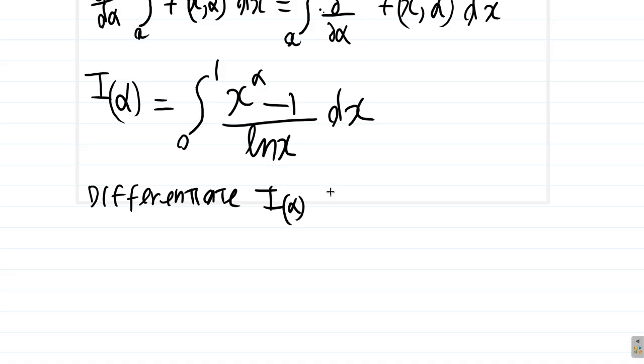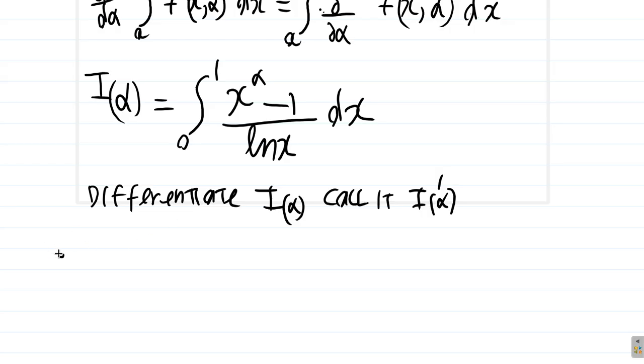Now, if we differentiate I of alpha, we can call it I prime of alpha. To differentiate, we're going to differentiate with respect to alpha, of course.